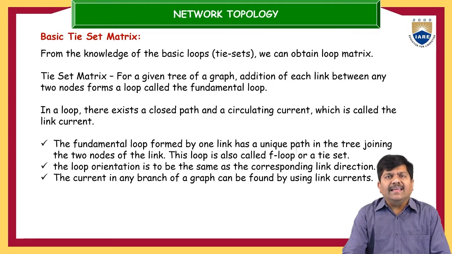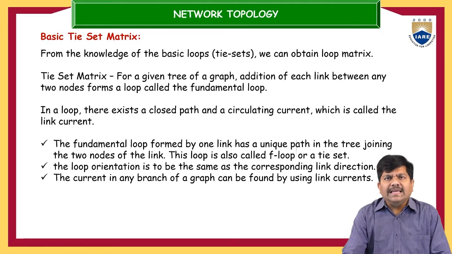So what is that n? n is the number of nodes that the original graph has. Like this, the tree can be developed from the given graph, and the addition of each link between any two nodes forms a loop called the fundamental loop.